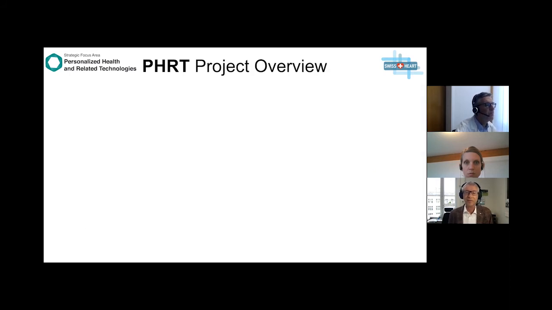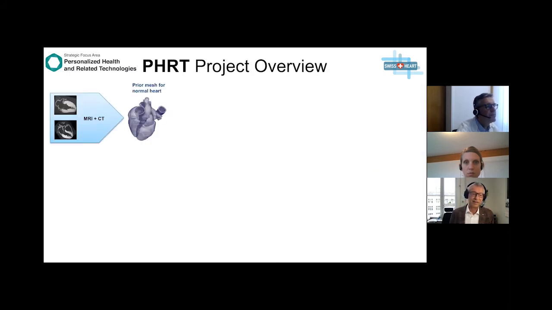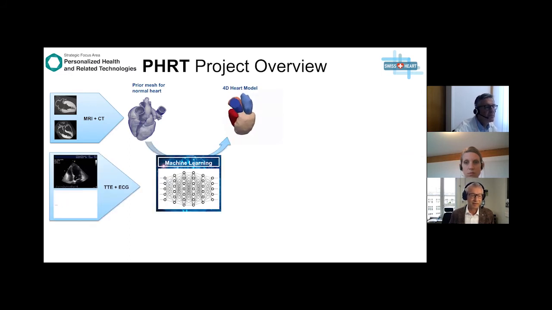So the overview of the project can be seen as this flowchart. We talked already a little bit about the data. The MRI data might help you to build this digital heart model. But equally important, you have data here from the echoes and from the ECGs.